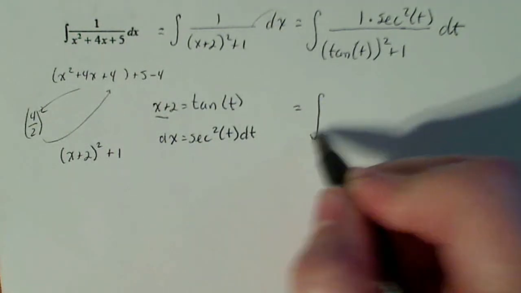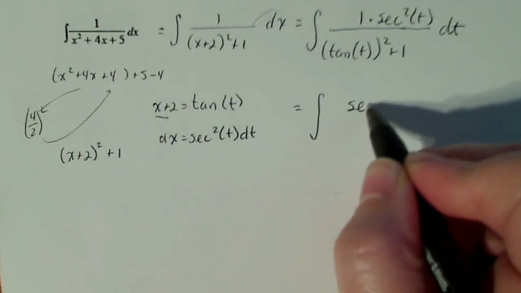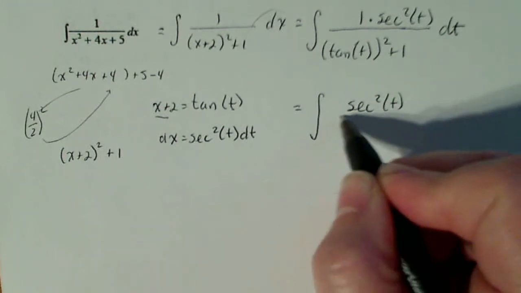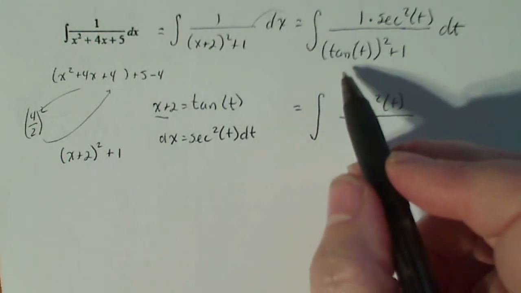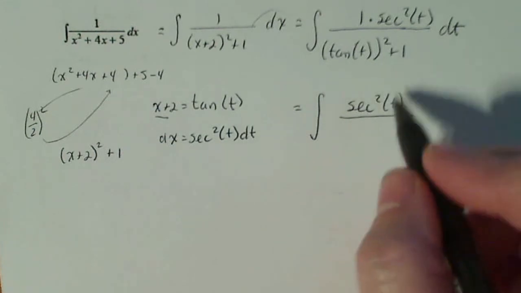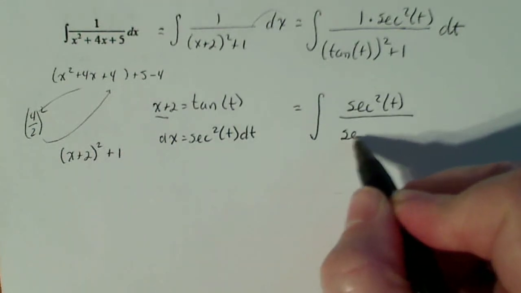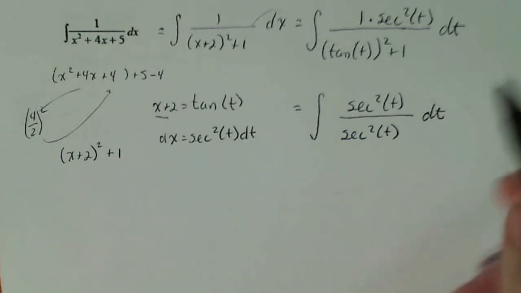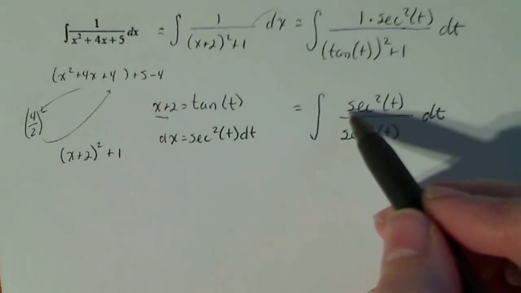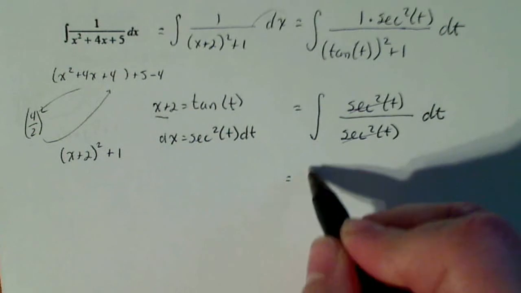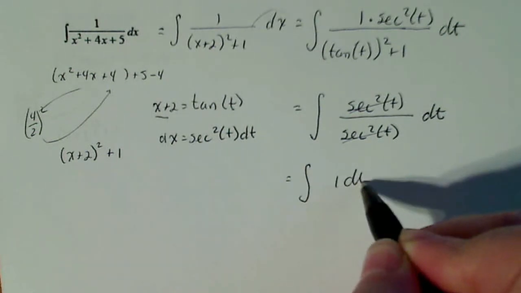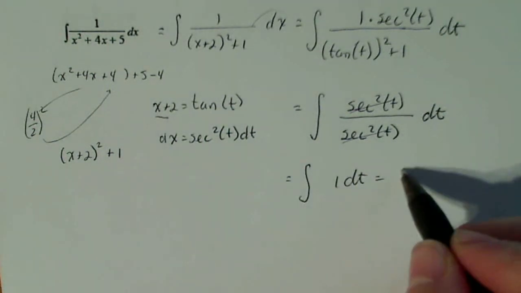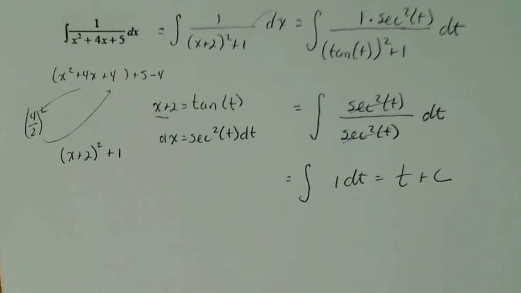Now, because I remember my trigs very well, which you should always remember, the numerator stays the same, but the denominator, if I have tangent squared plus 1, that's an identity where I can rewrite that as secant squared t. Now, that's beautiful. Secant squared divided by secant squared is 1. The integral of 1 dt is t plus c.